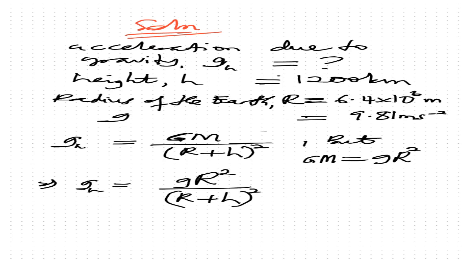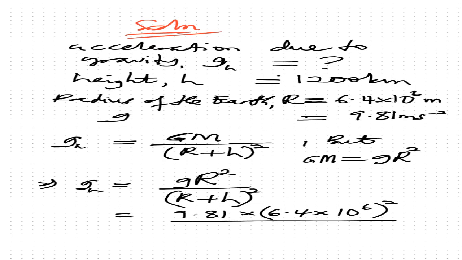So what do we do here? We fix in the values. This is 9.81 and our R is what? 6.4 times 10 exponent 6, all squared, all over R plus H. I would advise you that you convert this one. When you are multiplying, it wouldn't be a problem, but when you are adding, it depends on you how you present it. Plus what? H, 1200. Look at your g.